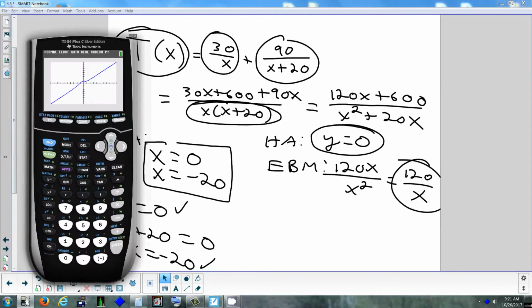All right, so let's graph 30 over x, and I'll put it in parentheses, plus 90 divided by, and then I'm going to put parentheses again, just like that. For my window, let's see.